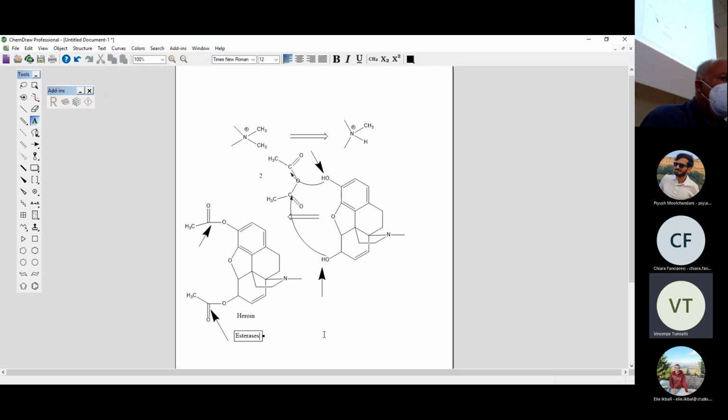More heroin is able to cross the blood-brain barrier. Inside the CNS, it is transformed again into morphine by the activity of esterases. Is it clear? Yes? Have you any question at home? No?